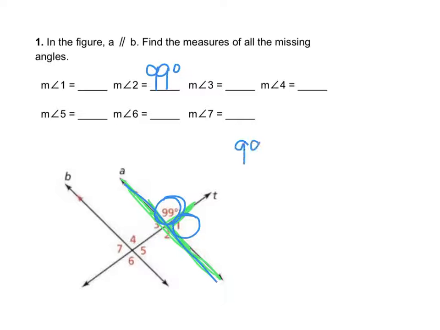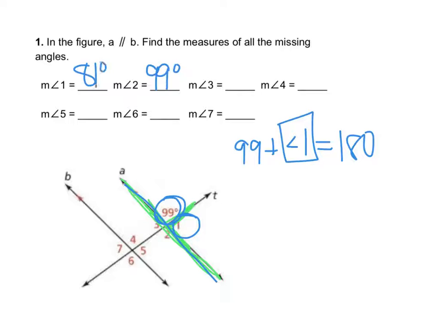So our equation would look like 99 plus angle 1 equals 180 degrees. Solving for angle 1, I find that the measure of angle 1 is equal to 81 degrees.